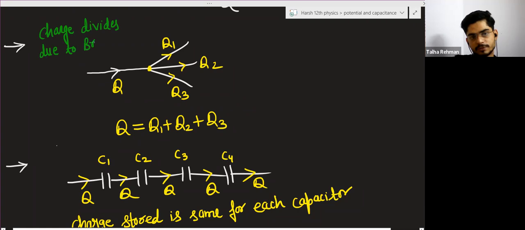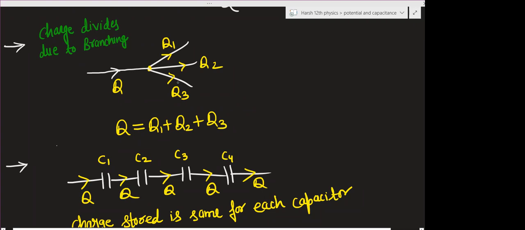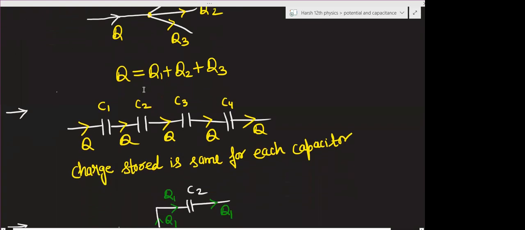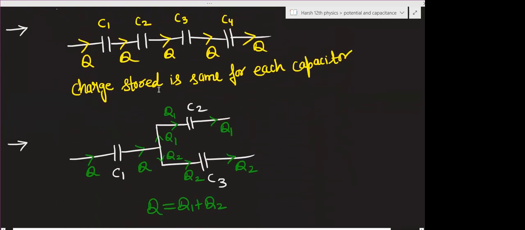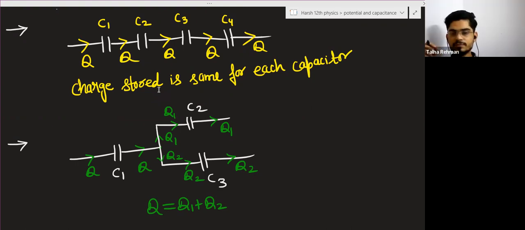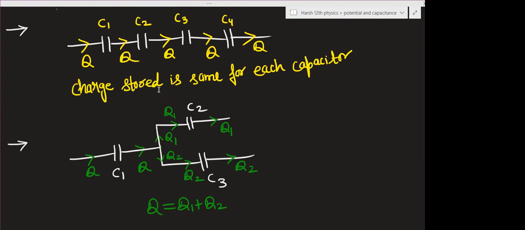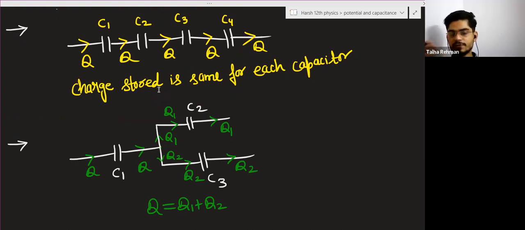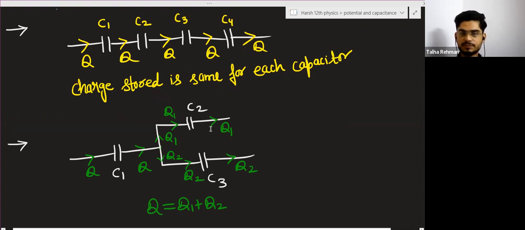Three branches are there. If the wire is same, then the charge is same, whether the capacitors are there on the wire or the resistors are there on the wire. Charge will remain same.